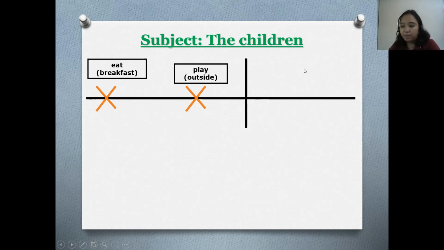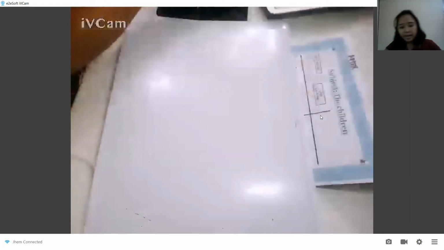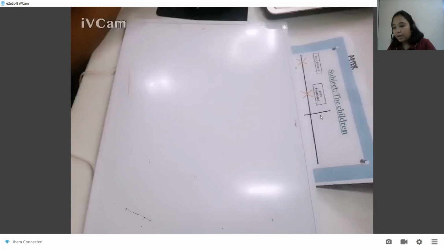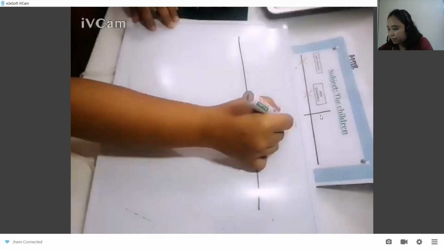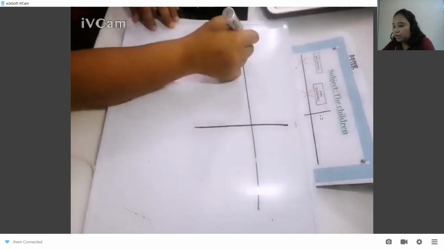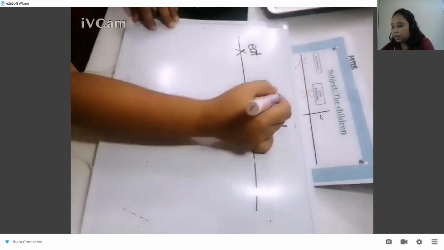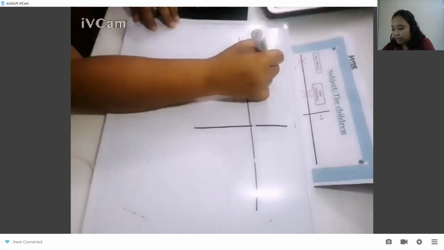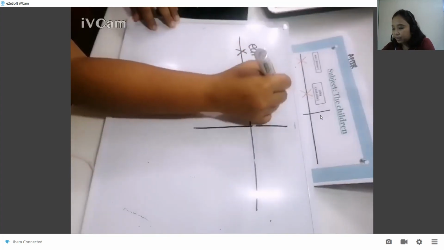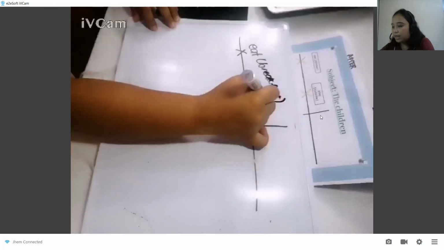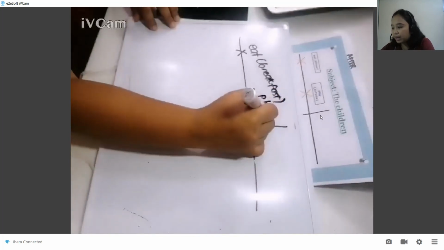Let's have the last example. Now, our subject would be the children, and our first verb would be eat, and our next action would be play. Let's try to form the sentence. This time, we shall be using the conjunction after. Okay, so again, the first action was eat breakfast, and then the next action would be play outside.